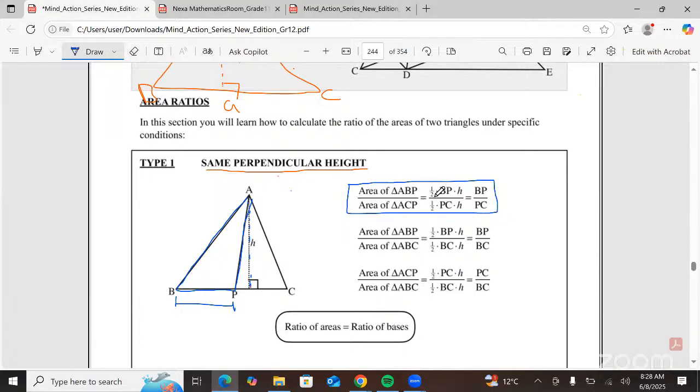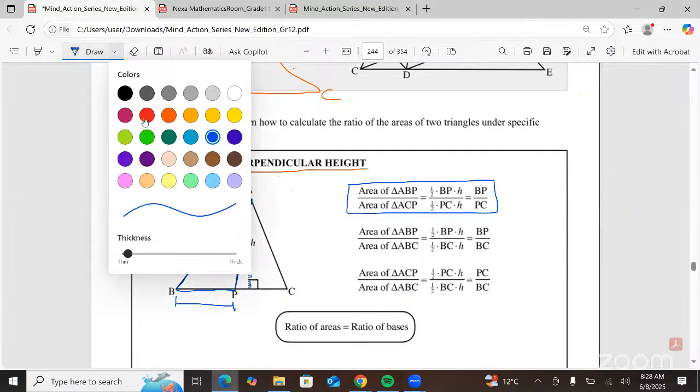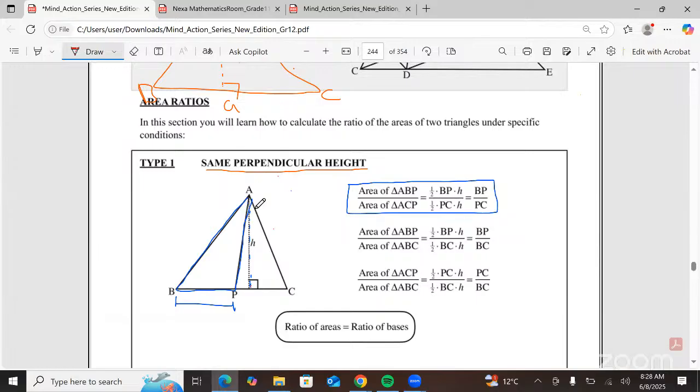And then all over, now the triangle ACP. ACP is this one here, with the same height H. And now its base is what? It's PC.